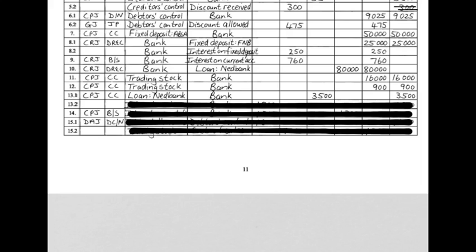So the rest of the money was also taken out of bank, so a further 1,800, but this time the 1,800 was to pay off the interest. And remember, interest is an owner's equity expense, so it's decreasing my owner's equity on the debit side, 1,800 Rand.